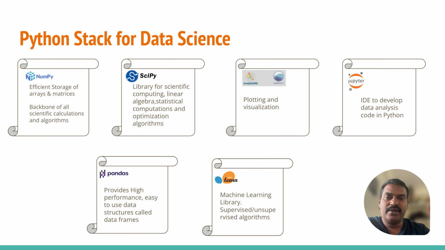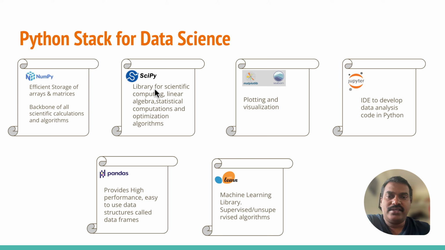These are the different Python libraries that we use in machine learning. One is NumPy, which is used for efficient storage of arrays and matrices and numerical calculations, the backbone of all scientific calculations and algorithms.